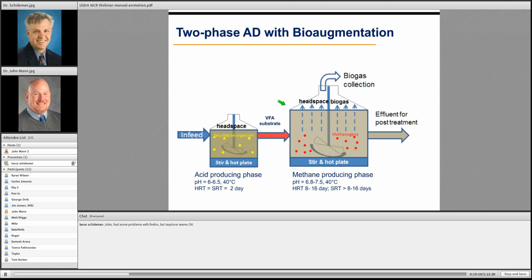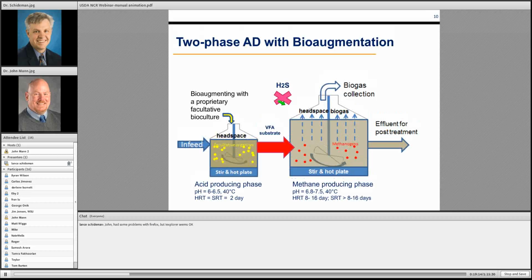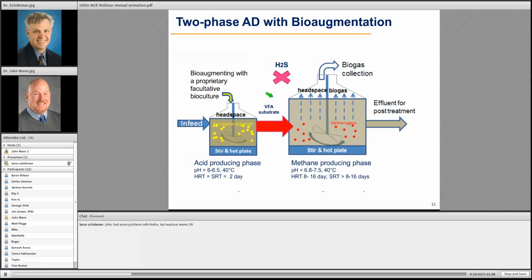In this particular case, we're bioaugmenting, as I said, and so we add the proprietary facultative bioculture into the acid phase process. What that does is it increases the amount of VFAs being produced that go into the methane producing stage, and it also reduces the amount of hydrogen sulfide.